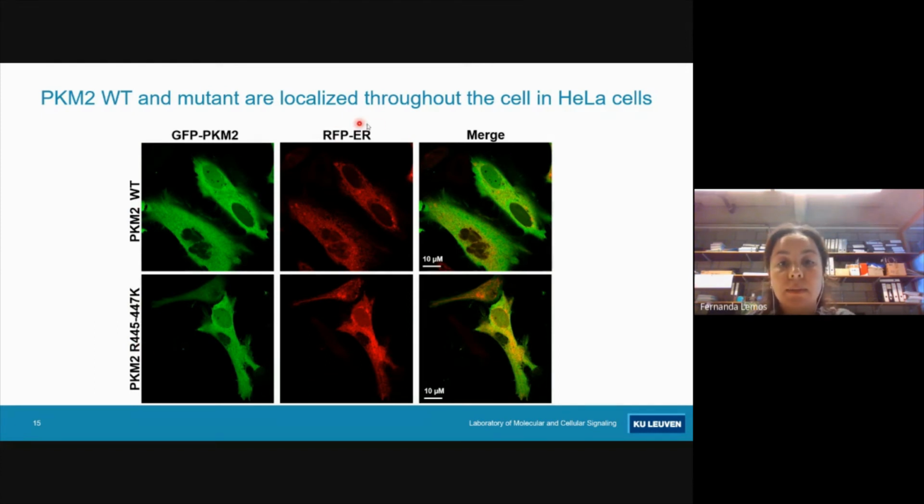We also co-transfected with a marker for ER, and we saw a co-localization that is expected and already described in the literature. But for now, we didn't see a huge difference in the distribution and co-localization of PKM2 comparing the wild type and the mutant version.